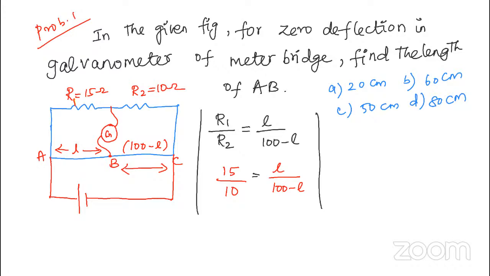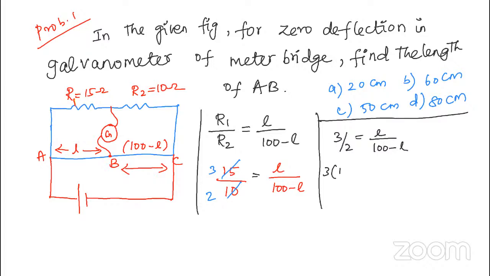Okay. So நம்ம solve பண்ணலாம். So here we just cancel the value from the five table. Here it is 3 and here it is 2. Okay. So 3 by 2 is equal to L divided by 100 minus L. Okay, we just cross multiply the value.